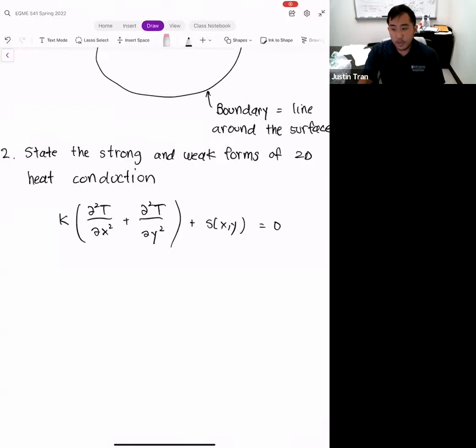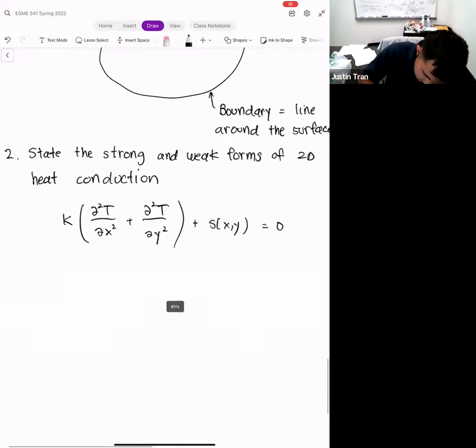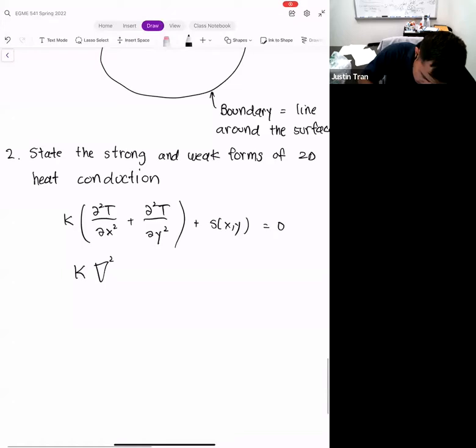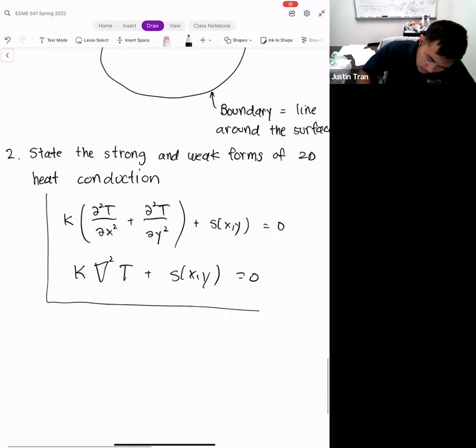If we convert this to vector algebra form, then that first term becomes the Laplacian. So we have K times the Laplacian of T plus S of x and y is equal to 0. So this here is our strong form.